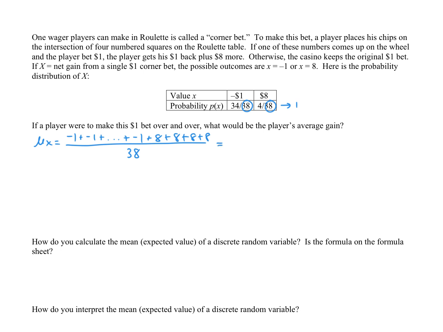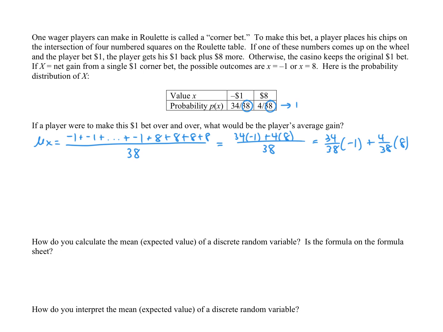So if I'm going to write this a little more efficiently, there are 34 of those negative 1s and 4 of the 8s. And then taking it one step further, this is the same as 34 out of 38 times negative 1 and 4 out of 38 times 8.